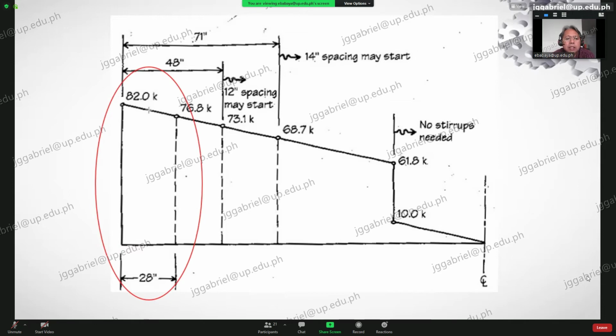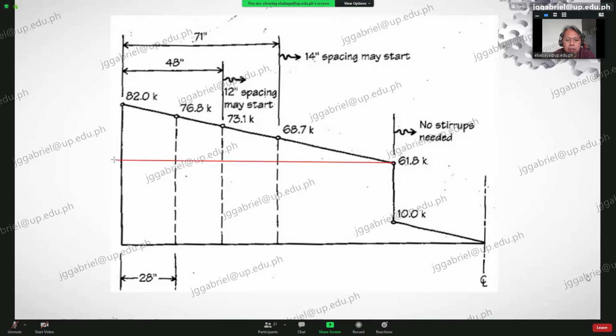So, getting the ratio and proportion, if this is 28, knowing this slope here, you will find 76.8. Okay, you can get that. Now, I will just set up the equation. Again, these are still our similar triangles, and the ratio and proportion is what we will base on.